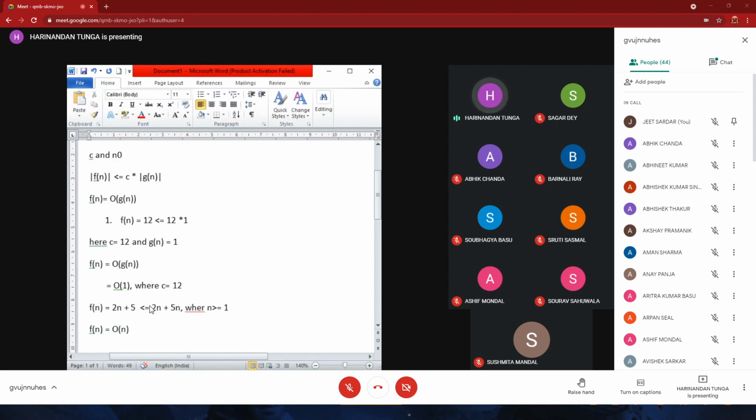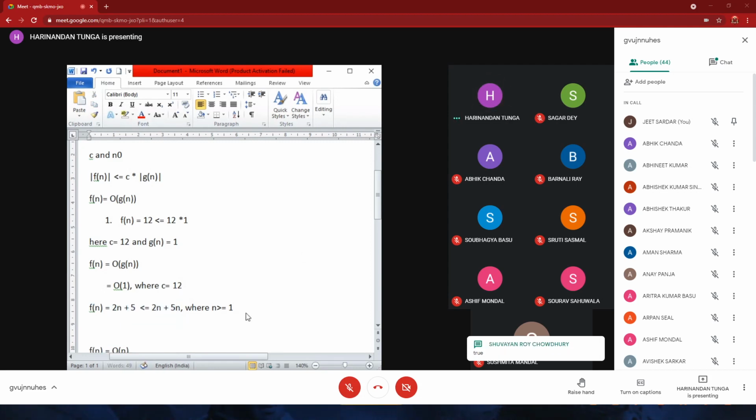Look at this relation I wrote: f(n) equal to 2n plus 5 less than or equal to 2n plus 5n, where n greater than or equal to 1. Is this relation true or false? True. Yes, obviously true.